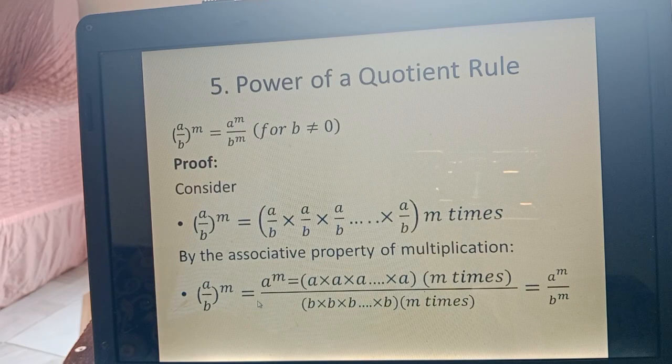Here we have a raised to m over b raised to m down here. All right, I think there was an omission here of b raised to m. Note that, guys.